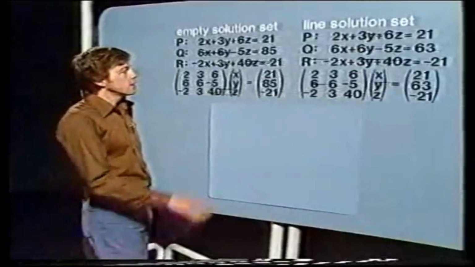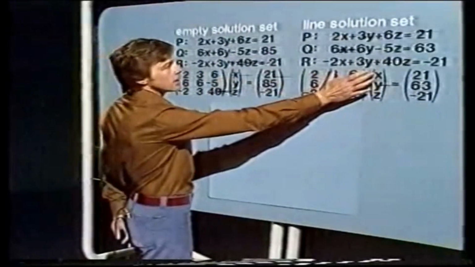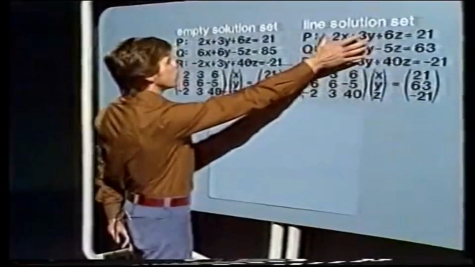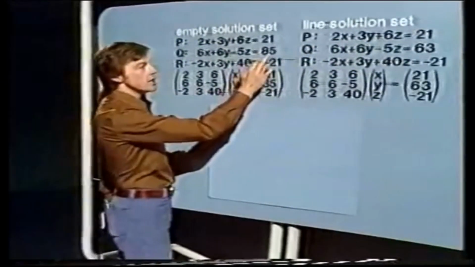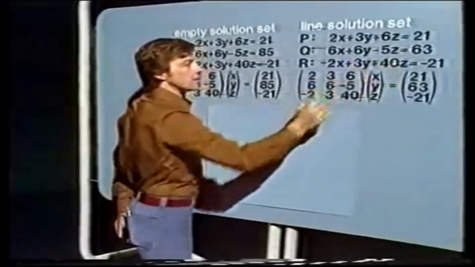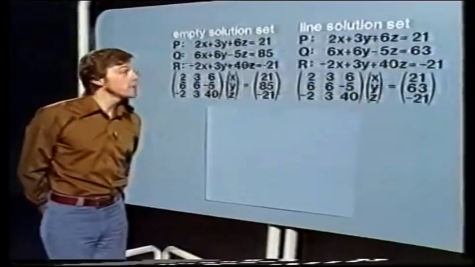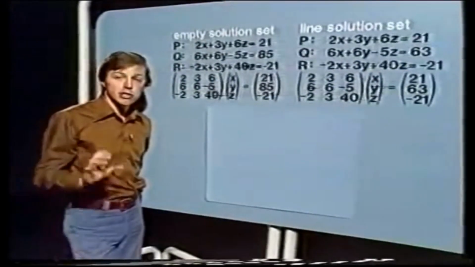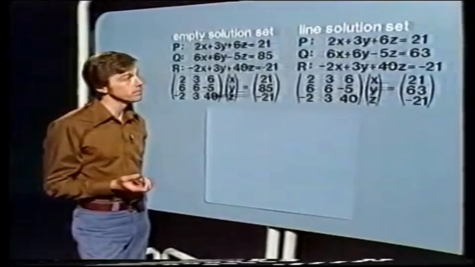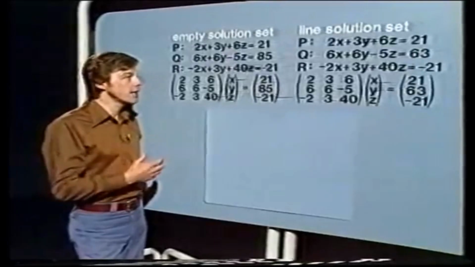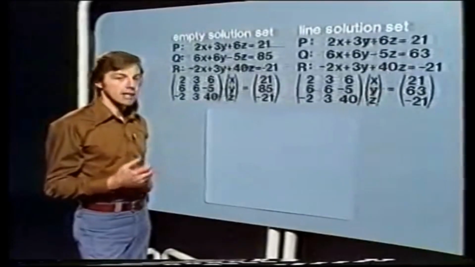We can't tell just by looking at the left-hand sides whether we've got this situation or this one, because the only difference is in this right-hand side here. To distinguish between these two cases, it's no good just looking at the left-hand side because they've got the same homogeneous form. What you've got to do is to look at the left-hand side and the right-hand side together.